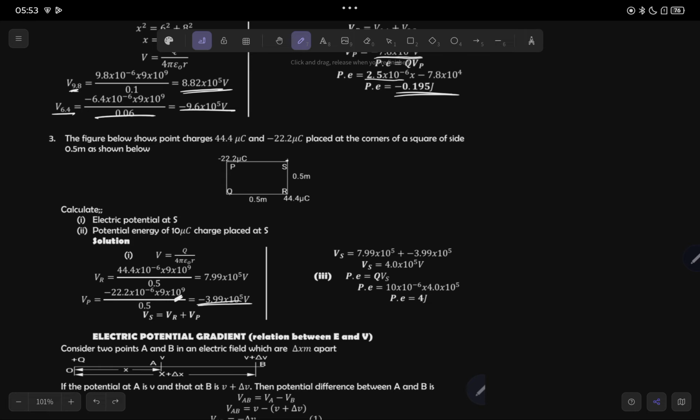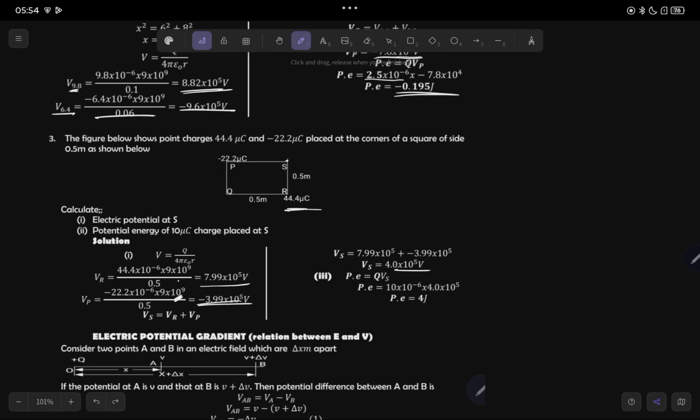Then the potential due to R, again we put the values of the charge the way they are, positive, and we get 7.99 times 10 power 5 volts. Then the total electric potential at S, we add the two up, and we get 4.0 times 10 power 5 volts.